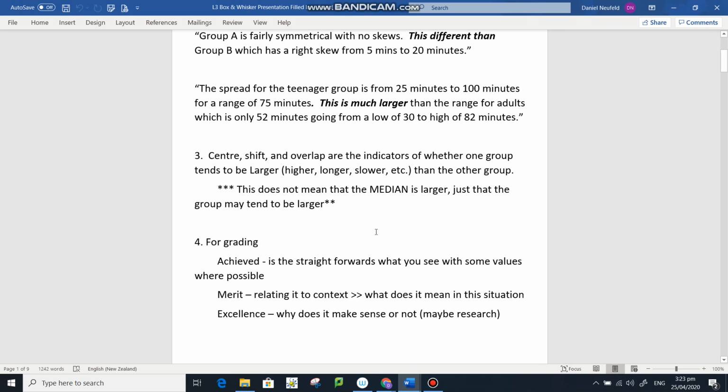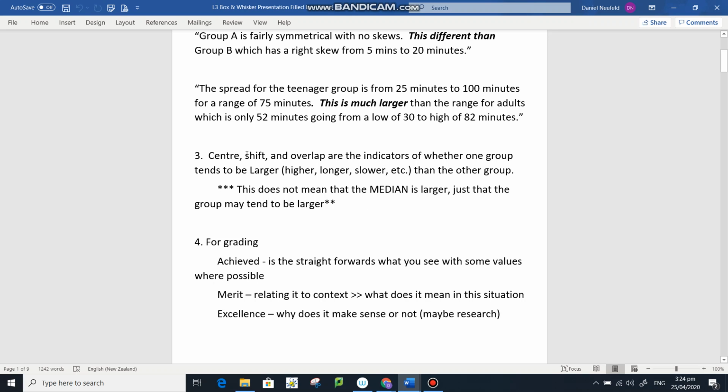When it comes down to making the call of whether one group is larger than the other group, or tends to be larger, which is what we're doing with these: our overall investigation is tied to the median, but when we do the box and whisker analysis, what we're looking at is just what group in general tends to be bigger or smaller, or maybe there tends to be no difference, or at least not a statistically significant one.